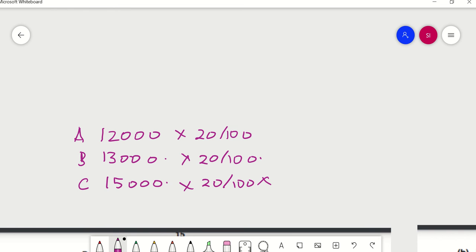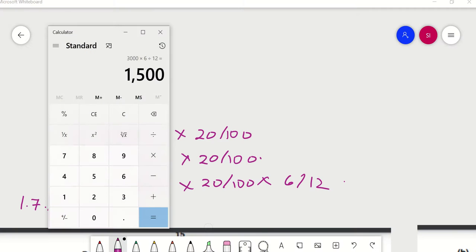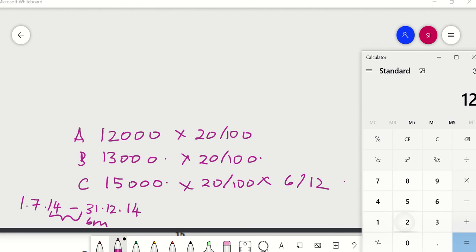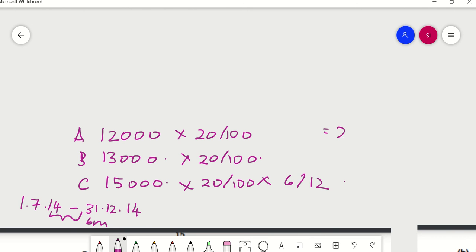However, for the last one, we actually purchased it on 1/7/14. Therefore, the financial year ends on 31st 12/14. It's almost for 6 months only with you. Therefore, 6/12. Now, let's do the calculation. Which is 12,000 into 20 divided by 100, which gives you 2,400 for this one.